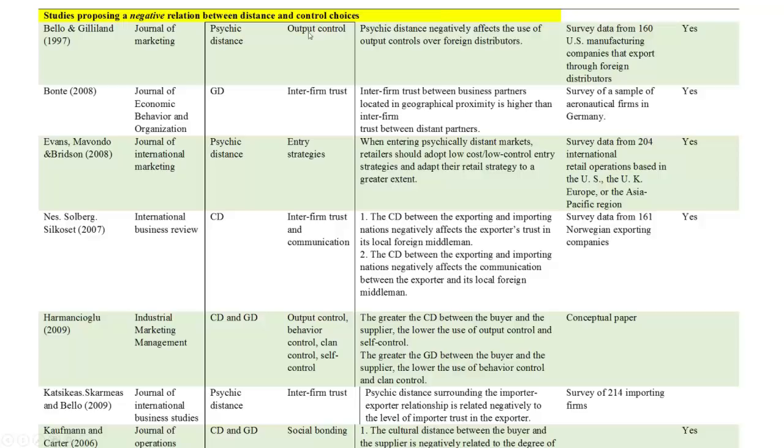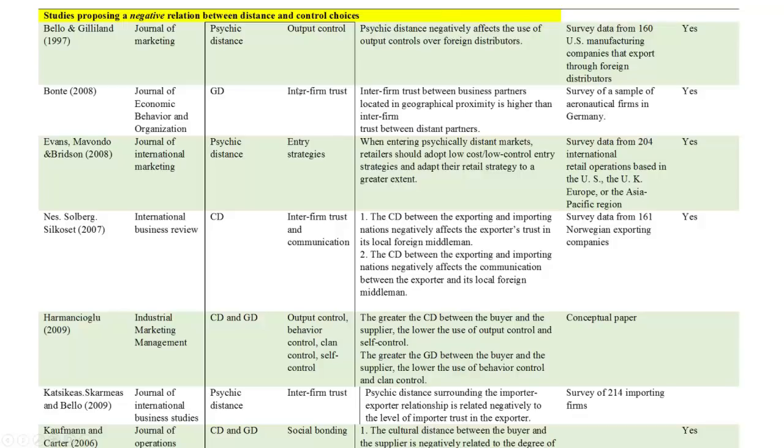And again, on the control choices, we know Ballo and Gilliland looked at output control. And then Bonte looked at interfirm trust. Next one, Evans et al. looked at entry strategies. Now you can see that not all studies looked at output control. Harmer-Cleargill looked at output control, behavior control, and plan control.